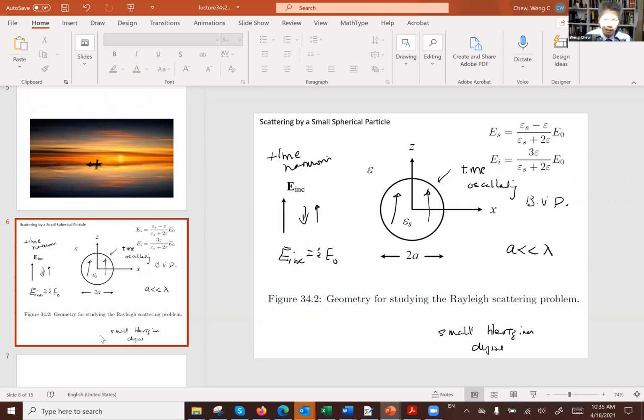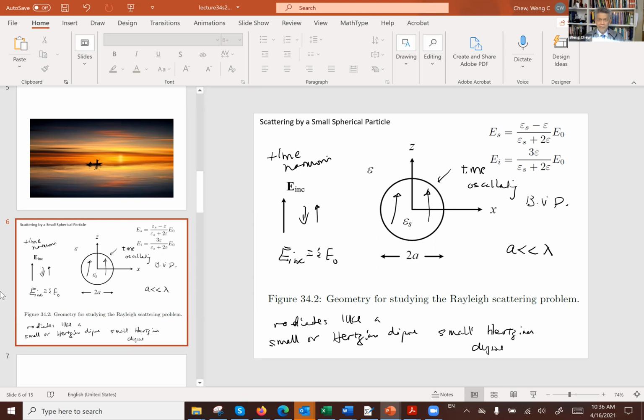And it will radiate like a small dipole, and hence a Hertzian dipole. A Hertzian dipole is just a small dipole. So the physics is quite simple.